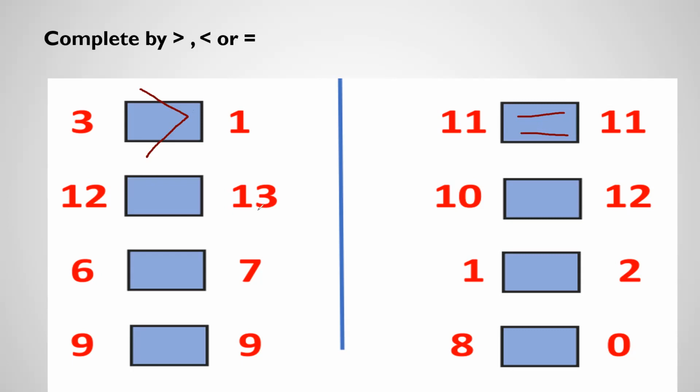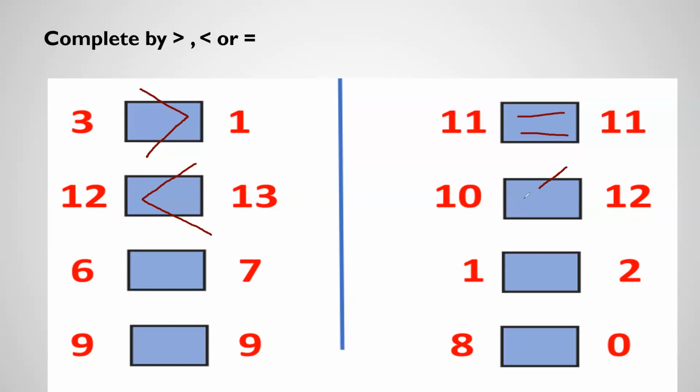Here's 12 and 13. What are we going to eat? Yes, we will eat number 13. And how can we read it? We are going to say 12 is less than 13. So 12 is the small, so you'll say 12 is less than 13. Next, 10 or 12, what are we going to eat?